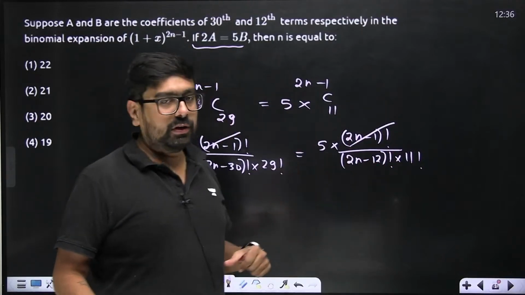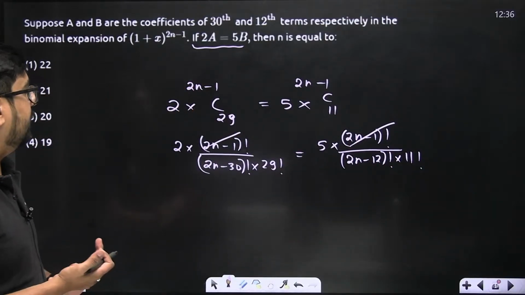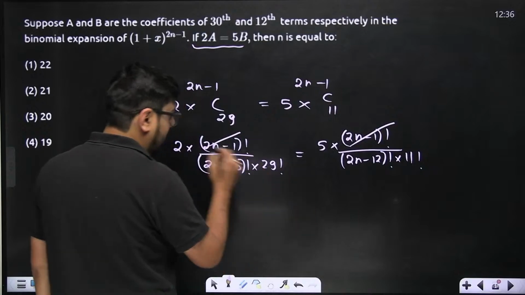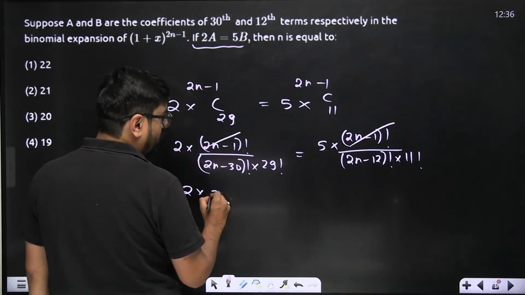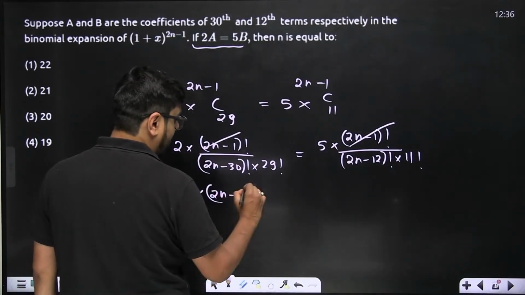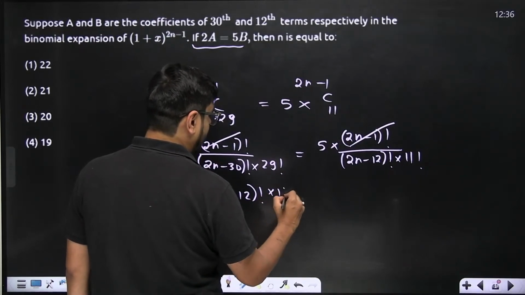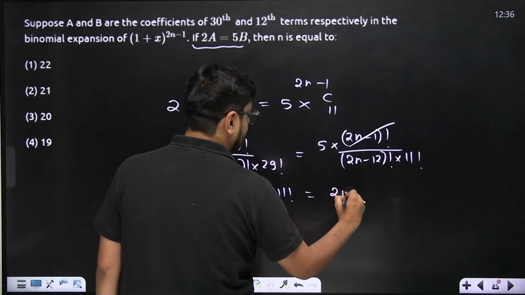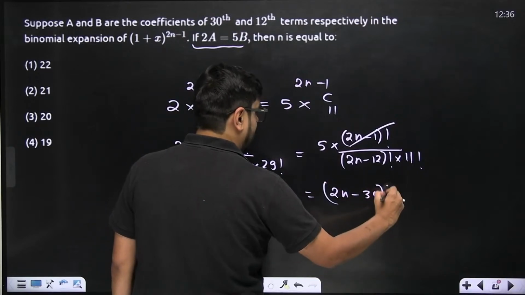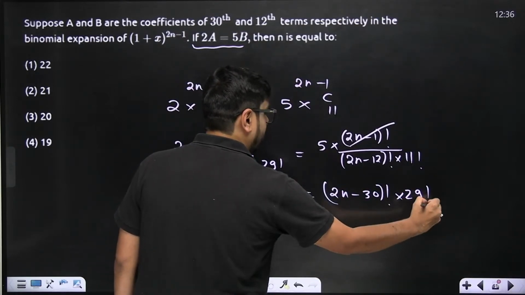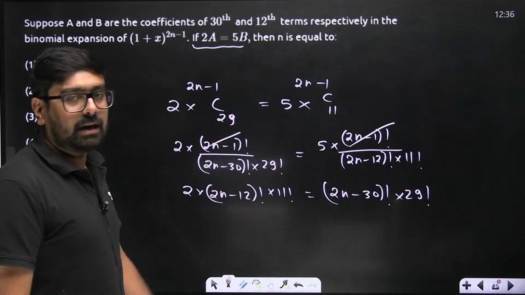So this factorial you can write over here. Now let's bring 2 multiplied with (2n minus 12) factorial, multiplied with 11 factorial, and (2n minus 30) factorial multiplied with 29 factorial.